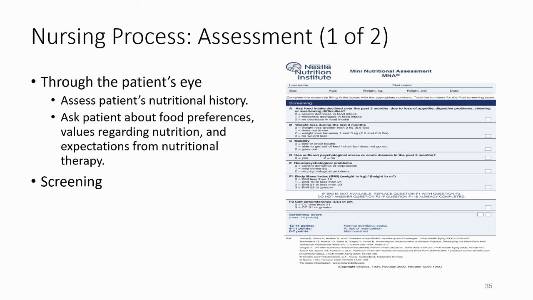That's one of many tools that can be used in the clinical environment. It's just a series of questions or maybe measurements that we use, and we score them. And if their score is within a certain range, they can be considered malnourished or at risk or even normal.